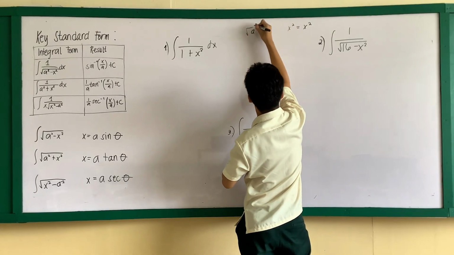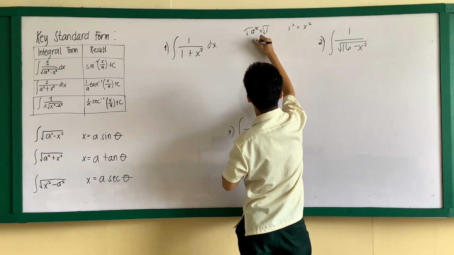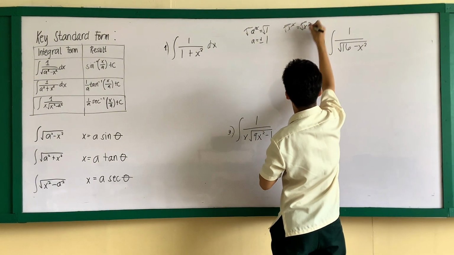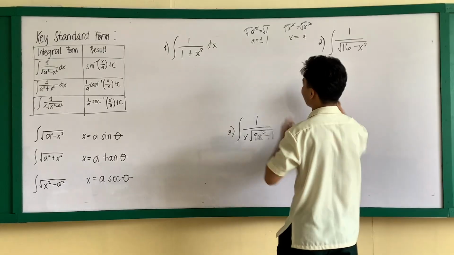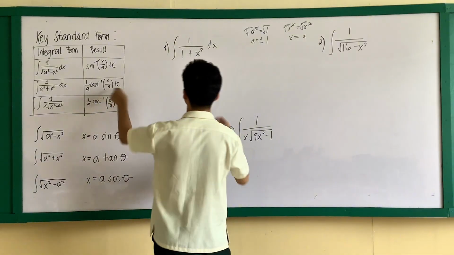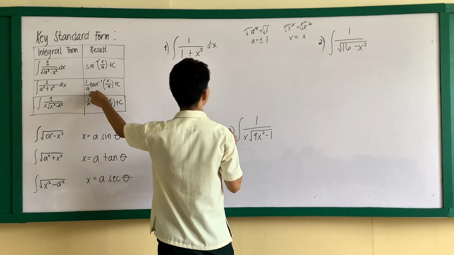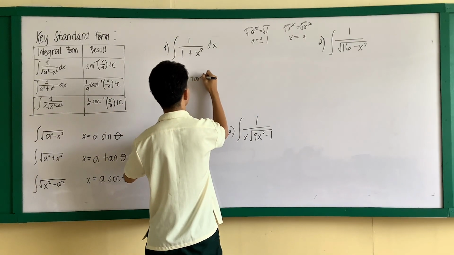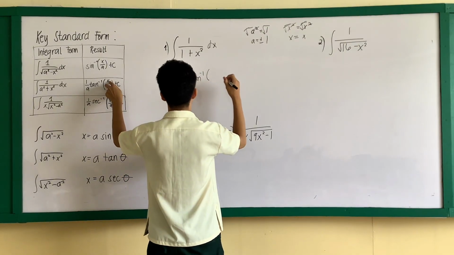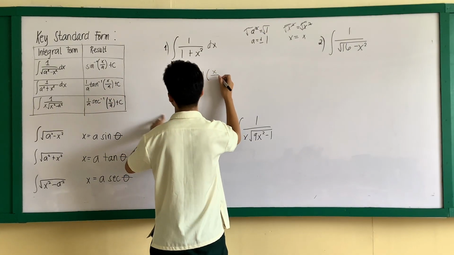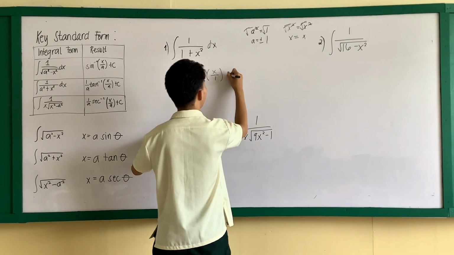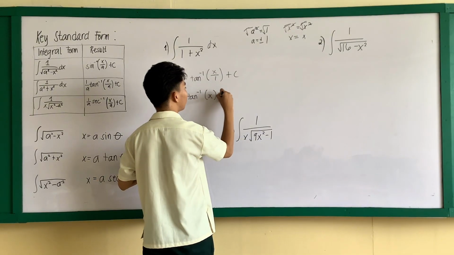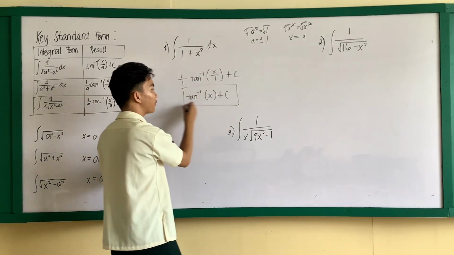So we can cancel this, and a is equal to 1. So our x is x. So now we can use this result. So 1 over the value of a, which is 1. Copy the arctan. The value of x is x over the value of a, which is 1, plus c. So this is our final answer.